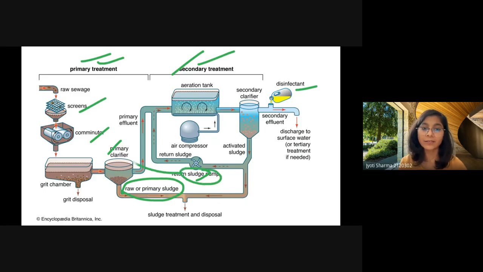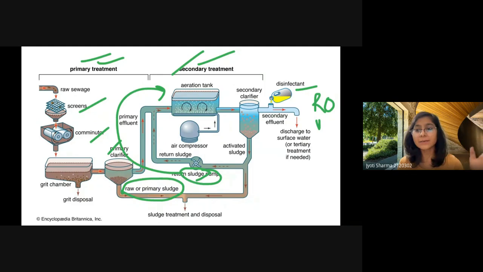That sludge can return to the secondary treatment plant, or you can reuse or recycle it, but along with that you will have some waste in the form of sludge. Even after tertiary treatment, if you are using RO or ultraviolet radiation, you will get some sludge.